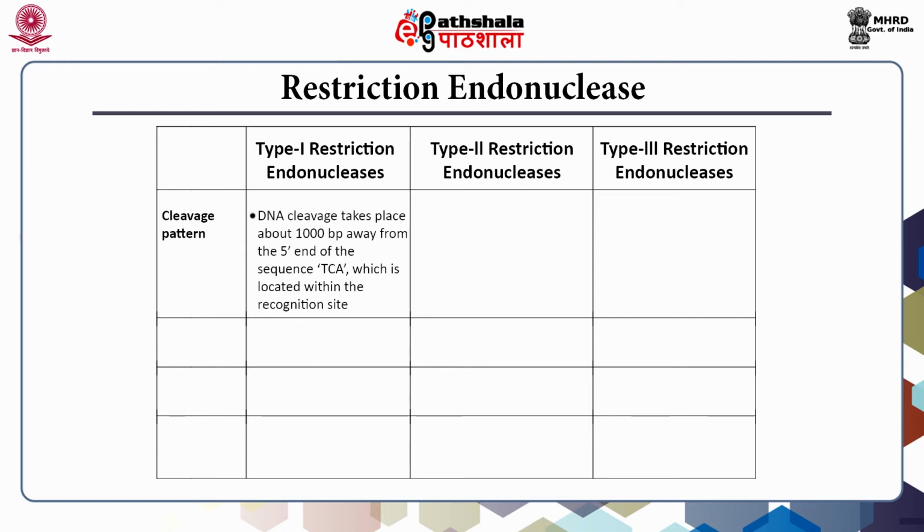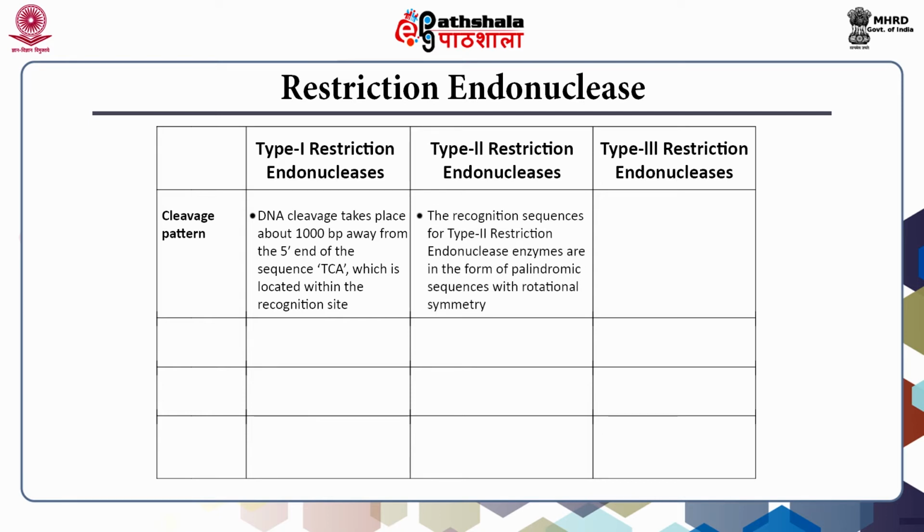DNA cleavage in type 1 restriction endonucleases takes place about 1000 base pair away from the 5' end of the sequence TCA, which is located within the recognition site. For example, EcoK or EcoB. The recognition sequences for type 2 restriction endonucleases are in the form of palindromic sequences with a rotational symmetry.